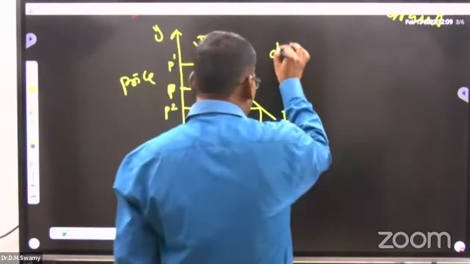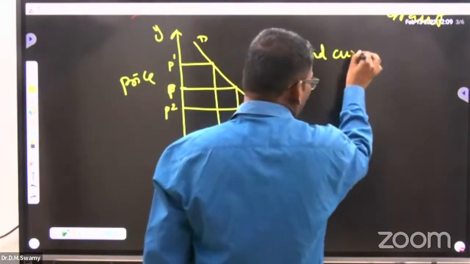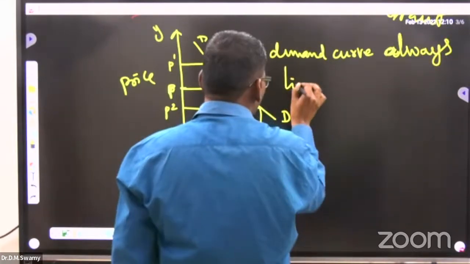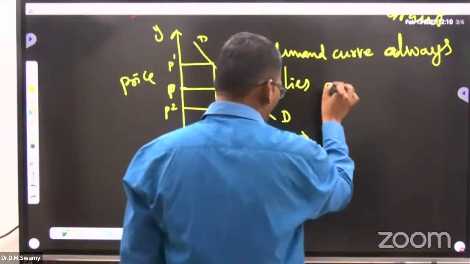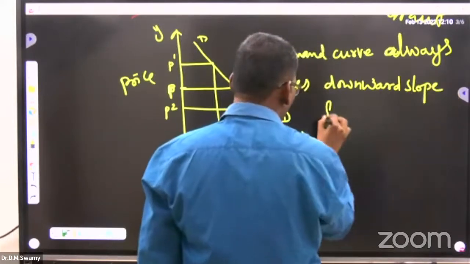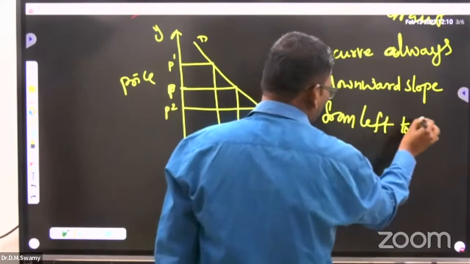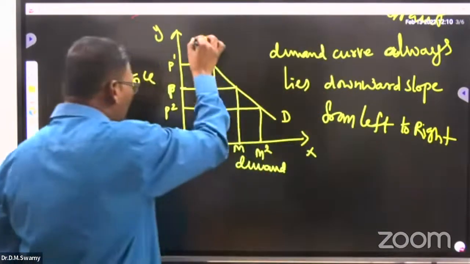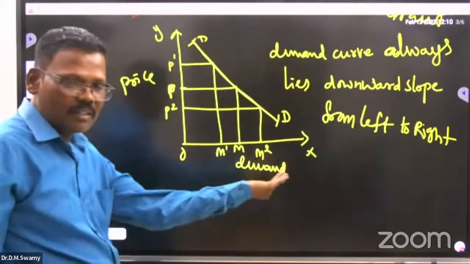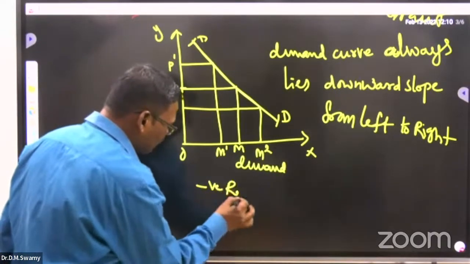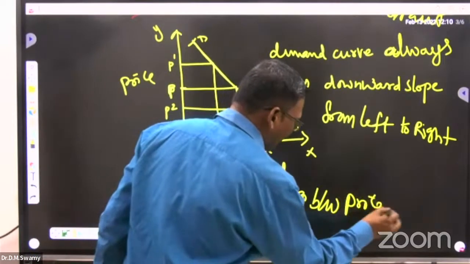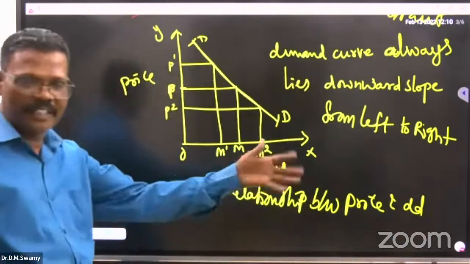Please remember that the demand curve always lies downward sloping from left to right, because of the negative relationship between price and demand.